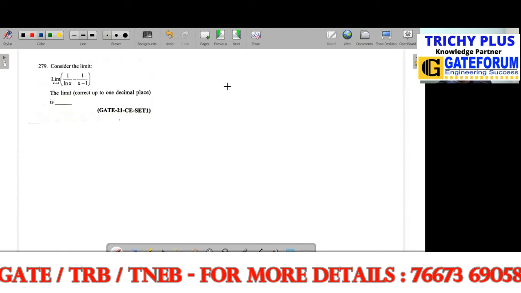We use limits to find the determinate value. For that particular point we are not finding the value directly; we are finding it very close to that point, x equal to 1. So we should get some definite value. Definite means it should not be infinity; it should be some definite value.